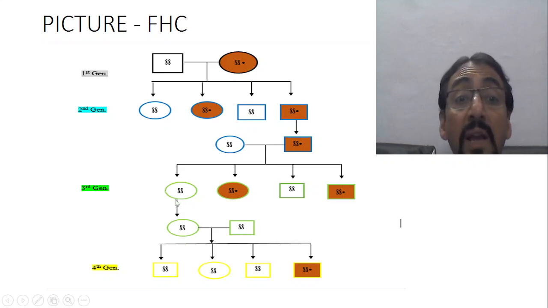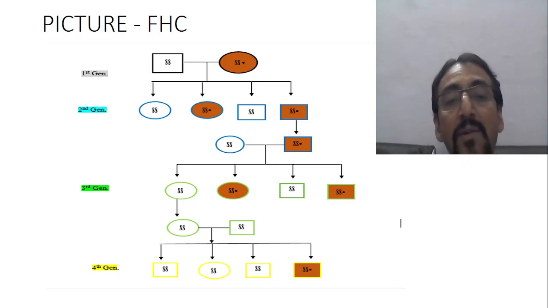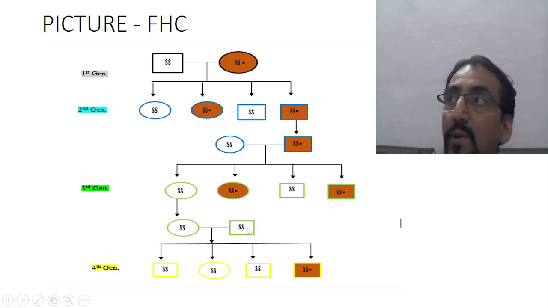Now suppose you take this particular female who is phenotypically normal. She is married to a normal male. In Marfan also we have seen such a case.